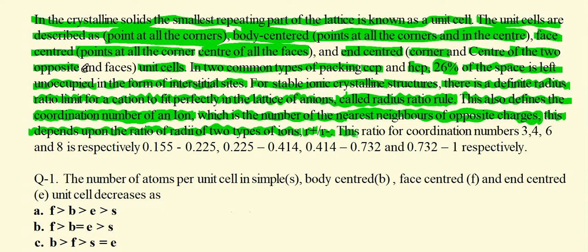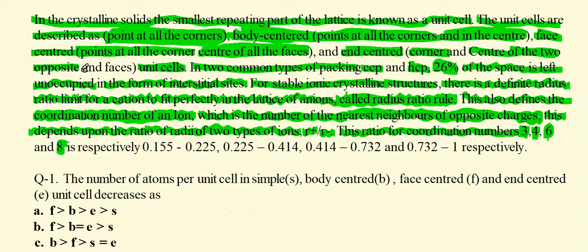Next, these are the ratios for the coordination numbers. For coordination number 3, it means a particle is touching three neighbor particles. Next, coordination number 4, coordination number 6, and the last coordination number is 8.